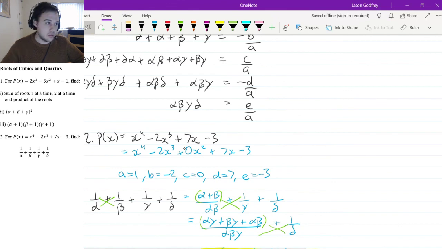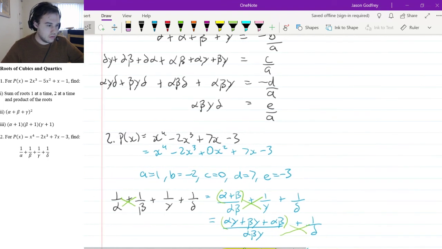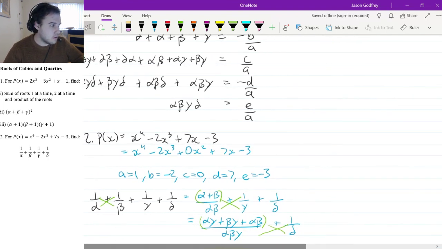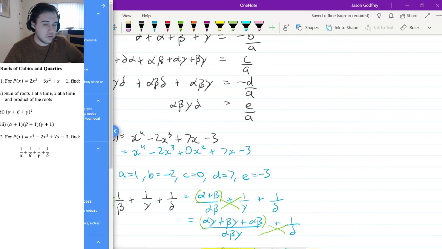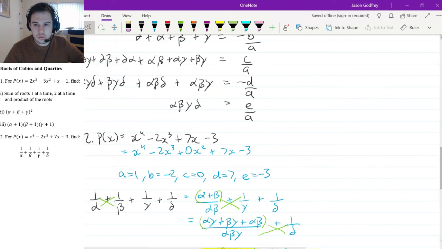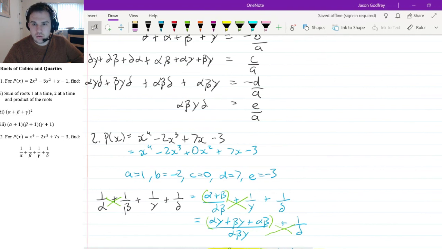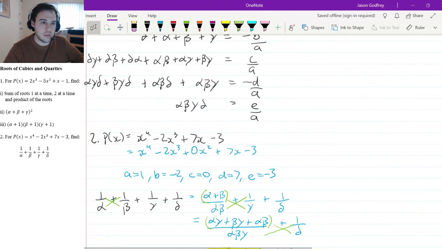We should know that there should be 4 possibilities because there's 4 letters, alpha, beta, gamma, delta, and you're choosing 3 of them.